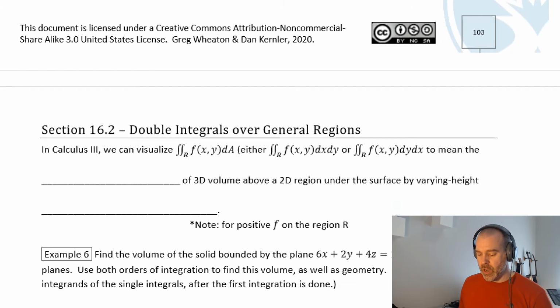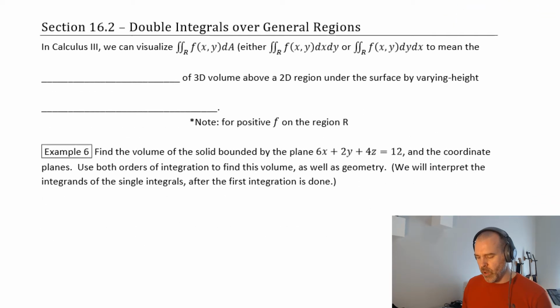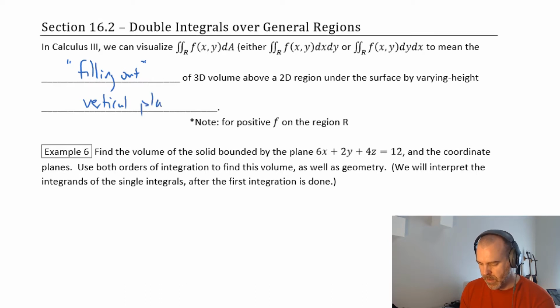All right, so what about double integrals then? So what we can do is we can visualize double integrals over a region to mean the filling out, kind of casually filling out the 3D volume over your 2D region by varying height vertical planes. And what this means then, I didn't really leave enough space for a picture here.